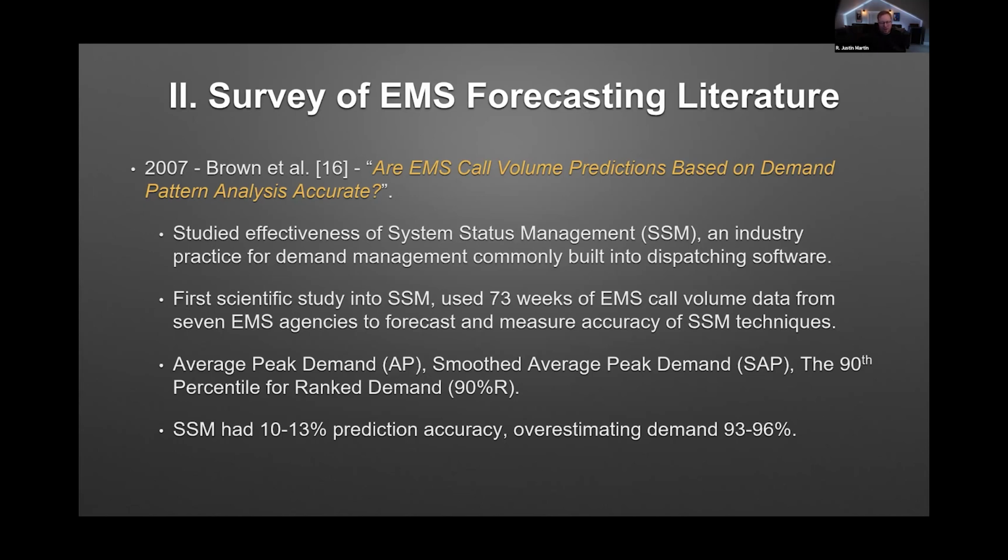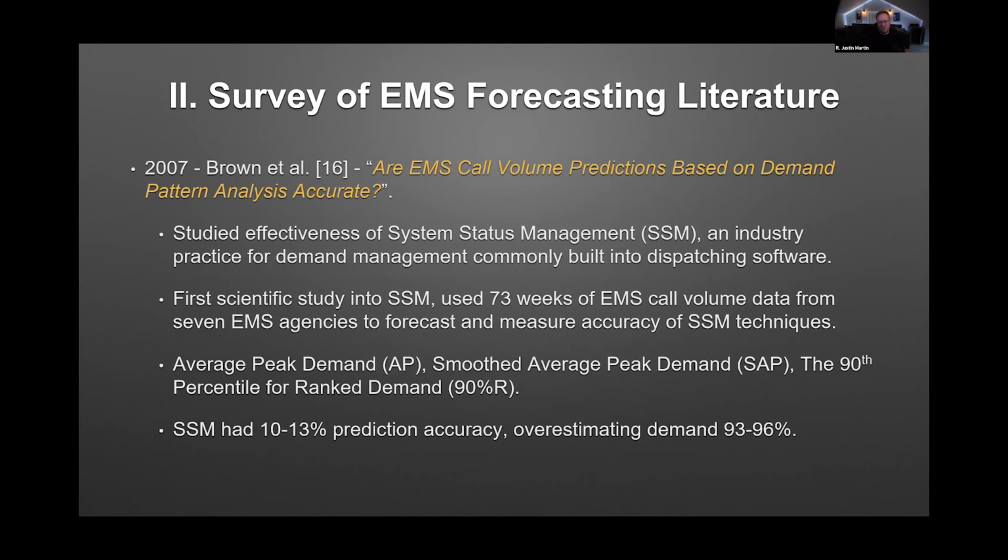There are a couple, and I have a reference to this that I can share later, basically time series type forecasting methods to calculate average peak demand, smooth average peak demand, and 90th percentile of peak demand that were the methods that are part of system status management. And they have decent prediction accuracy over time when you think about it in terms of overestimation versus underestimation of demand.